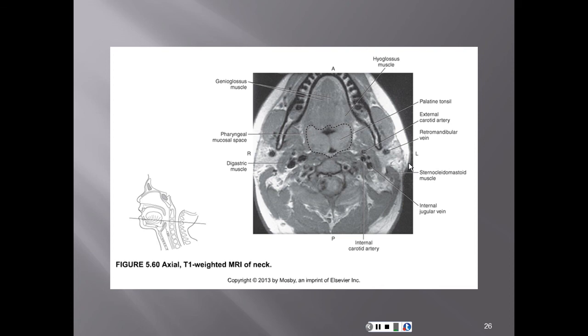So you have internal carotid, and they call it internal jugular vein, external carotid, right there. So those are the pieces of anatomy of interest in this particular slide that you want to become familiar with: the pharyngeal mucosal space, internal jugular vein, and internal and external carotid arteries.